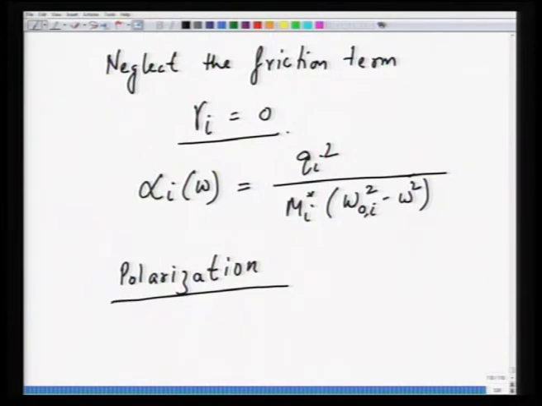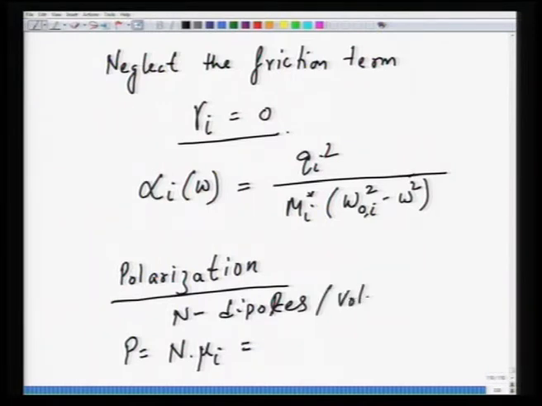So, polarization, assume that there are n dipoles. As a result polarization will be equal to n into mu I per unit volume, of course. And this will be equal to n into alpha I omega into E omega.